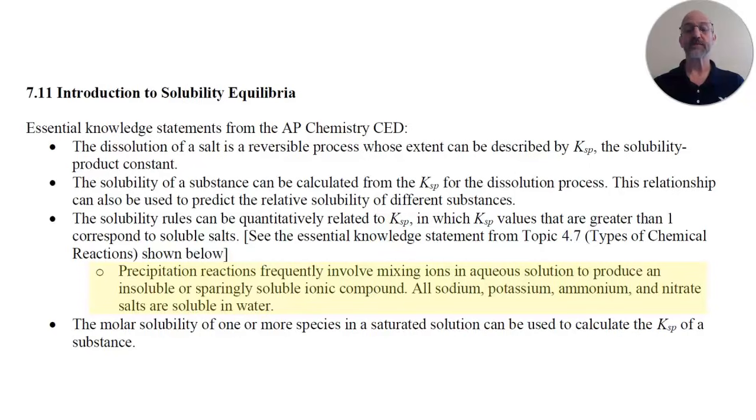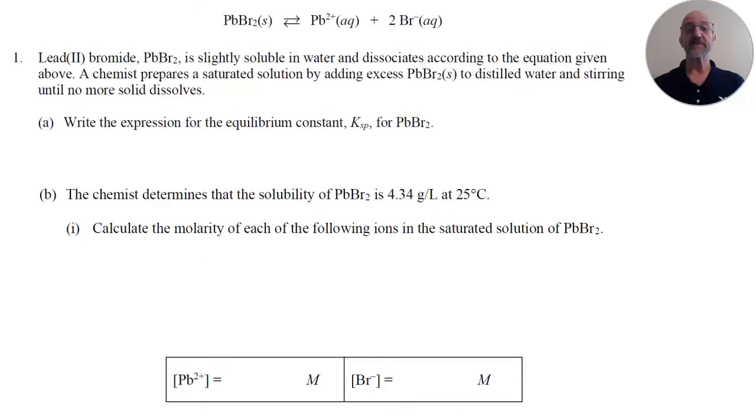All sodium, potassium, ammonium, and nitrate salts are soluble in water. And the molar solubility of 1 or more species in a saturated solution can be used to calculate the KSP of a substance. Now let's move on to the practice for topic 7.11.